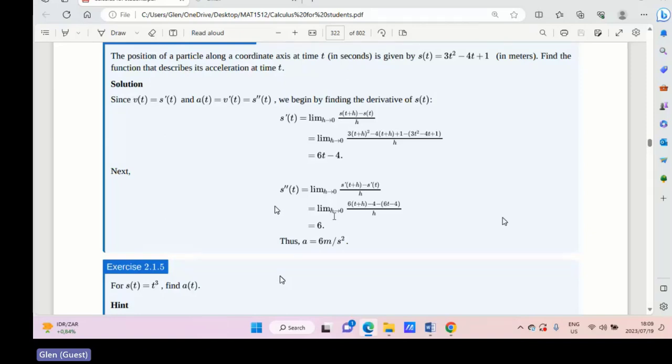In the formula I just shared with you, those components will take the cube, and then minus f of x, which will also take the cube.